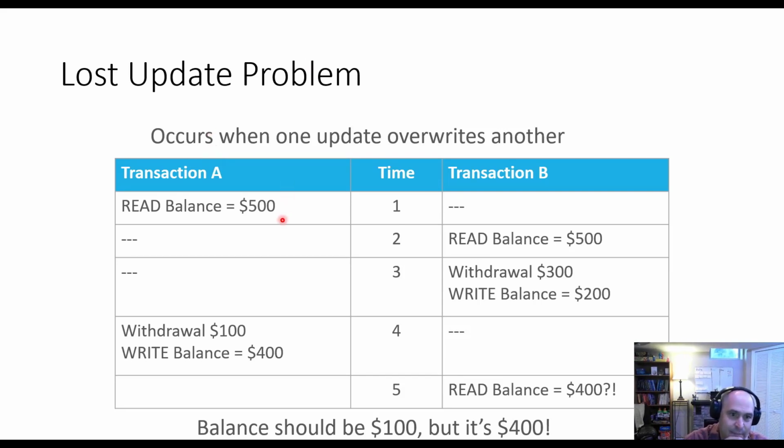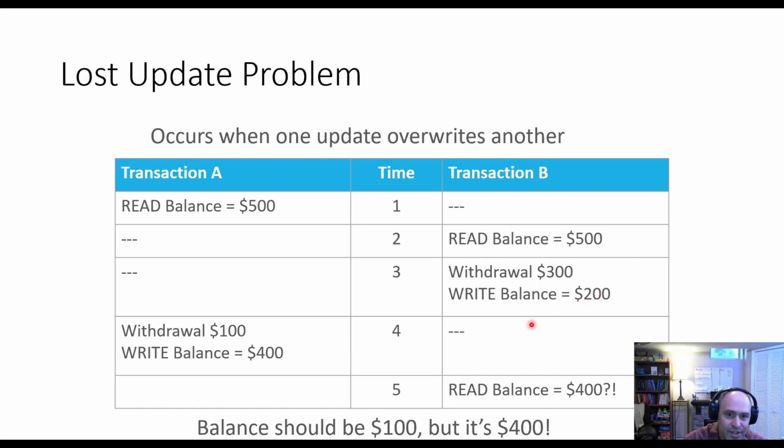You go to the ATM and read that you have $500 in there. And meanwhile, your partner goes to a different ATM, and they read that there's $500. And they beat you to the punch and withdraw $300. And then a balance is written of $200. And you're sitting there thinking, how much money should I take out? So you take out 100 and then write a balance of 400.